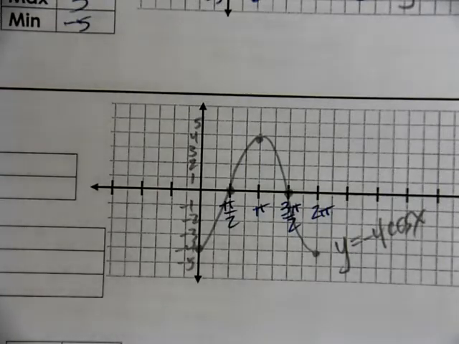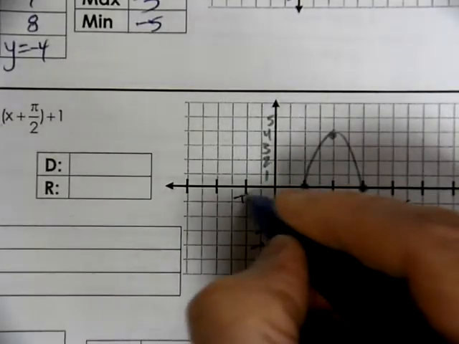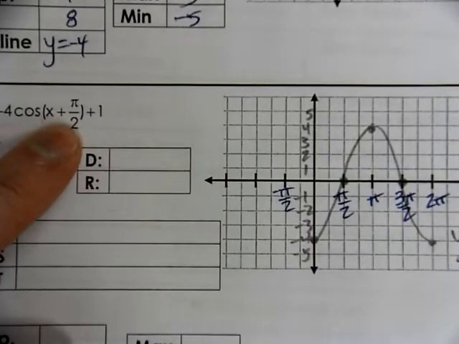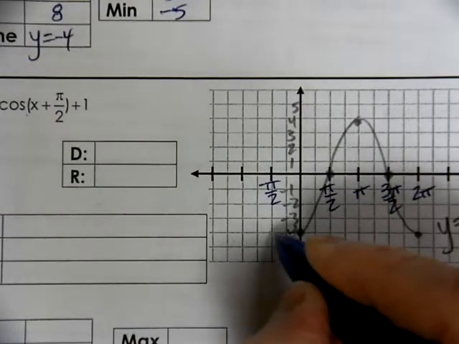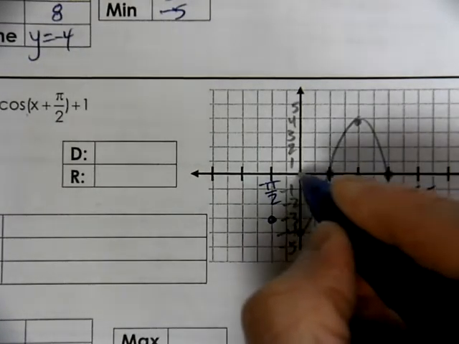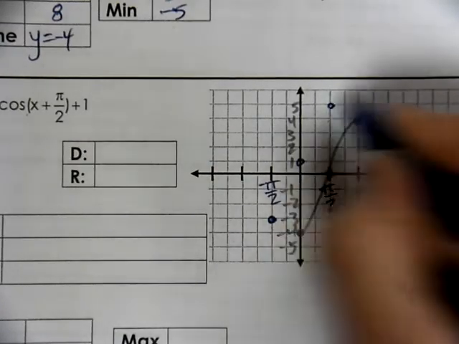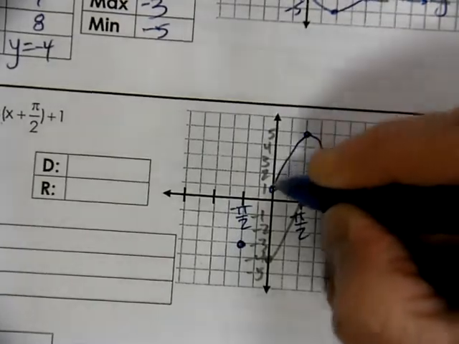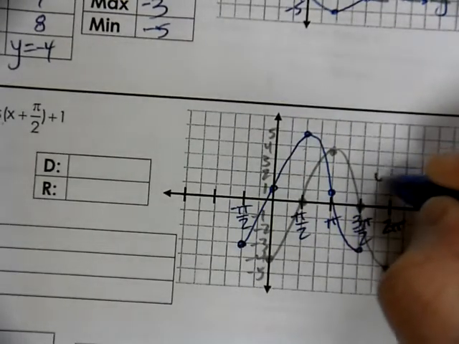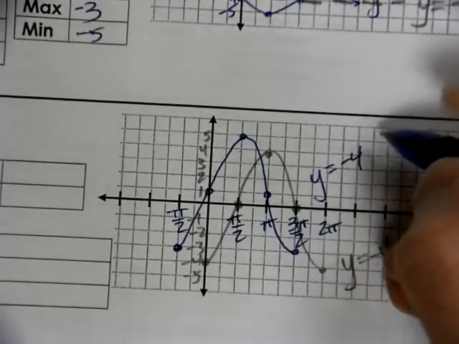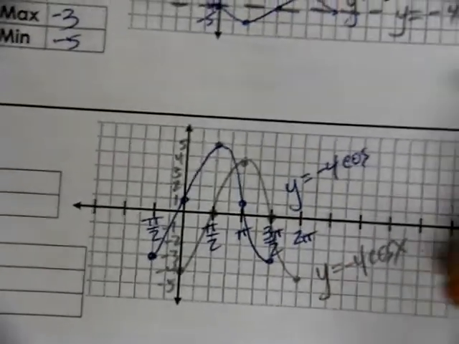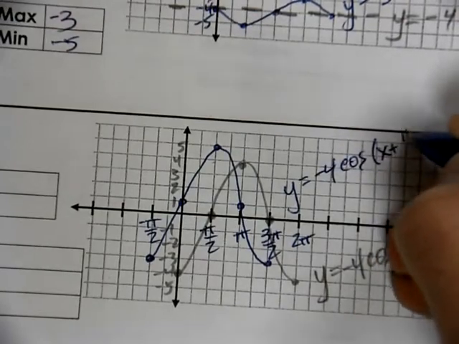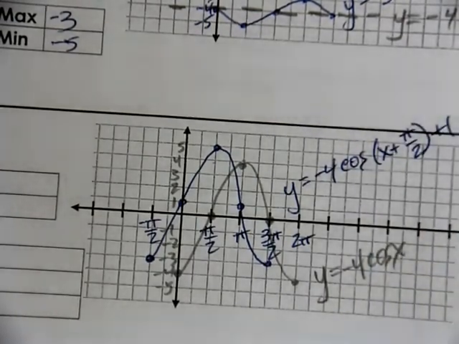And then we do our translation of pi over 2 to the left and 1 up. So pi over 2 to the left, because it's plus pi over 2, that means the left. So we go over there, but 1 up. Over and 1 up. Over and 1 up. So the cosine's upside down, and stretched, and translated left and up.